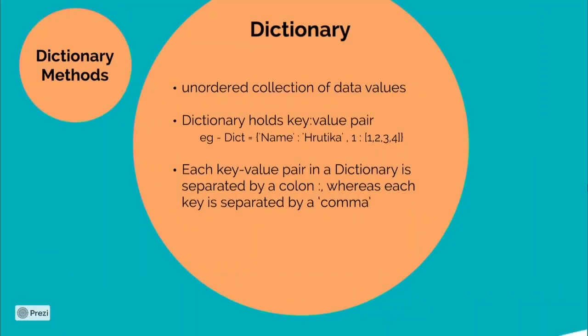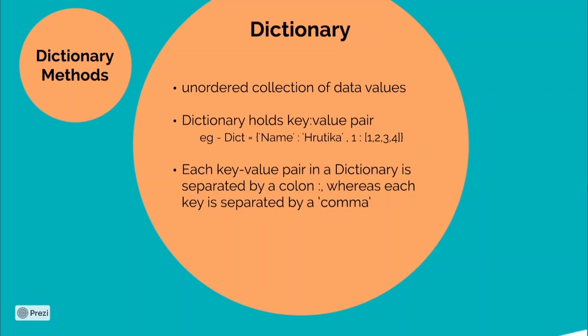Now let's see what is dictionary in Python. So Python dictionary is an unordered collection of items. Each item of a dictionary has a key value pair. Dictionaries are optimized to retrieve values when the key is known. Creating a dictionary is as simple as placing items inside the curly braces separated by commas.